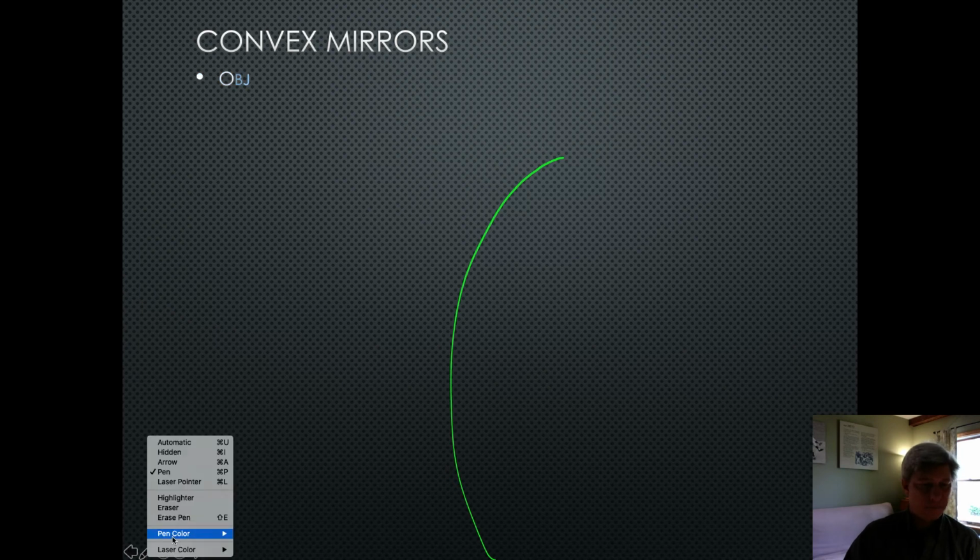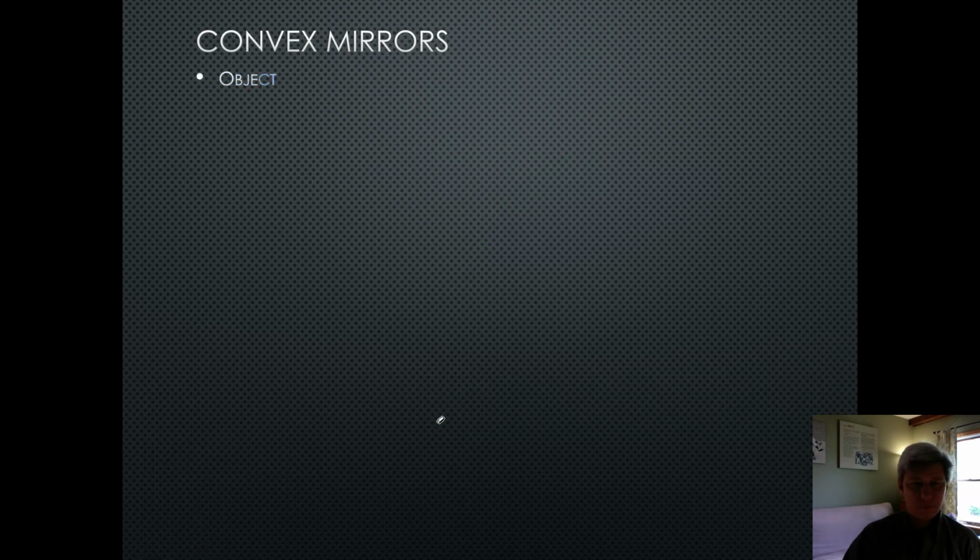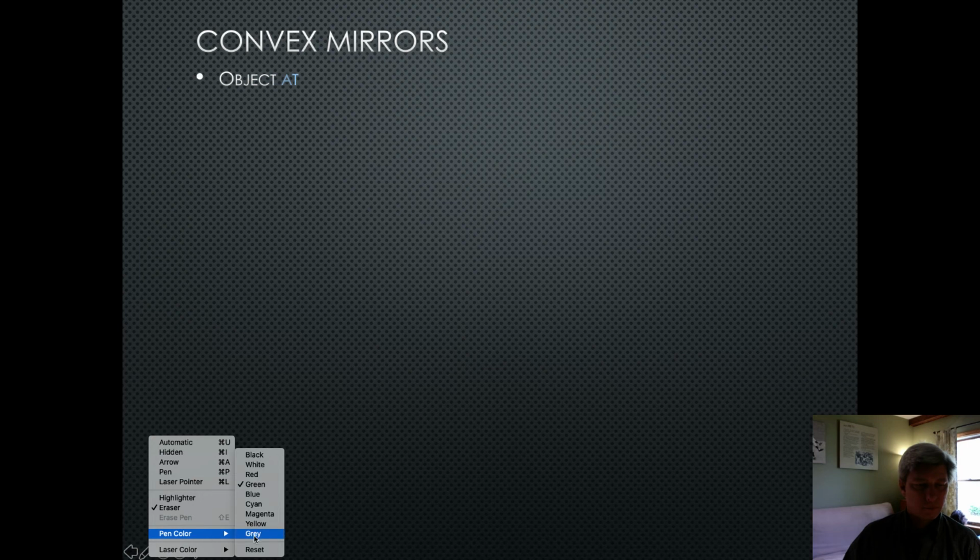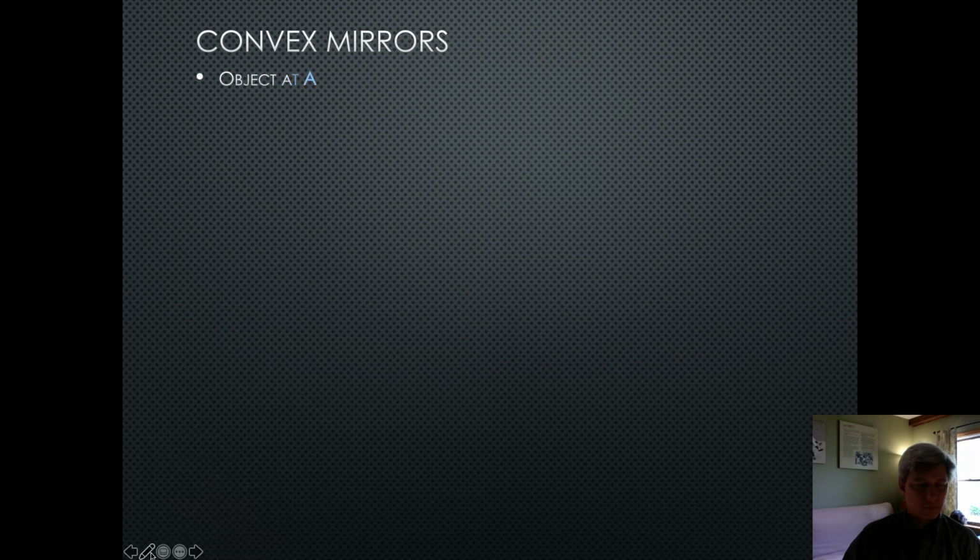And in this case, we're going to draw what's called a convex mirror. So now the curvature of the mirror, let's do that again. That was awful. Okay, so now the curvature of the mirror is going to be here, and I'm going to draw the principal axis right through.